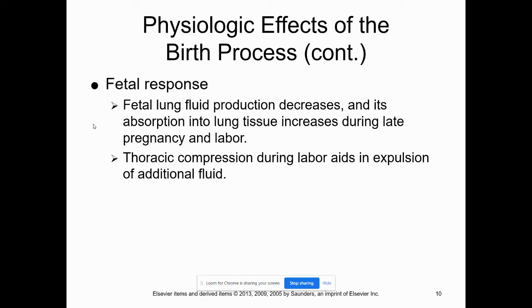Now you can imagine that a baby born by C-section would not have the benefit of that thoracic compression, and if the baby is born early, has not yet entered that phase where fluid production is decreasing. And so for those couple of reasons, the babies born by a C-section are at higher risk and need a closer observation of their respiratory status.